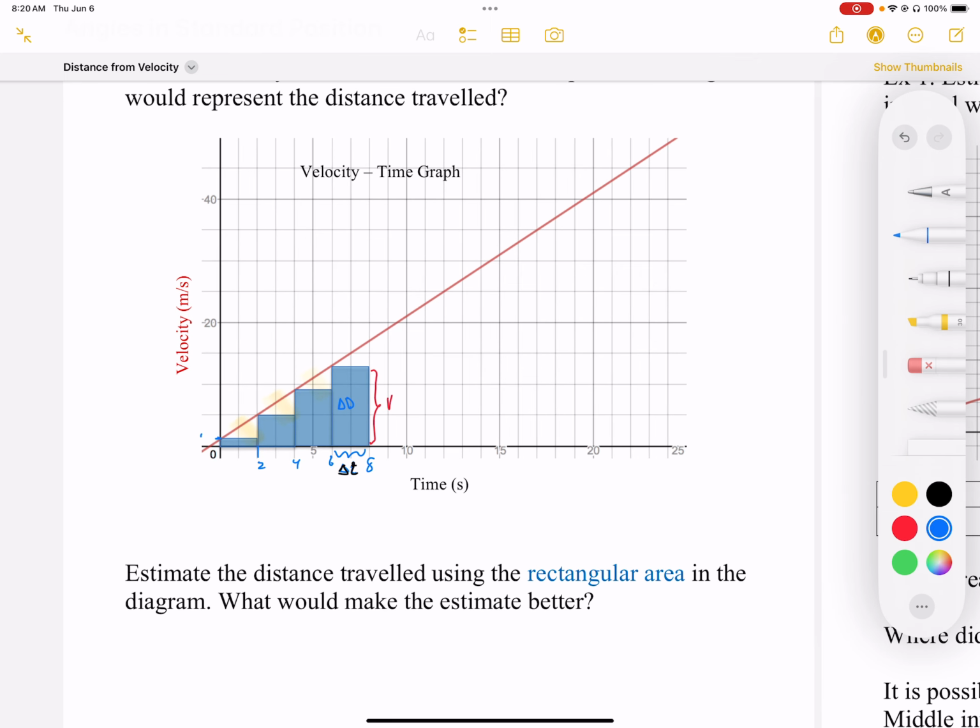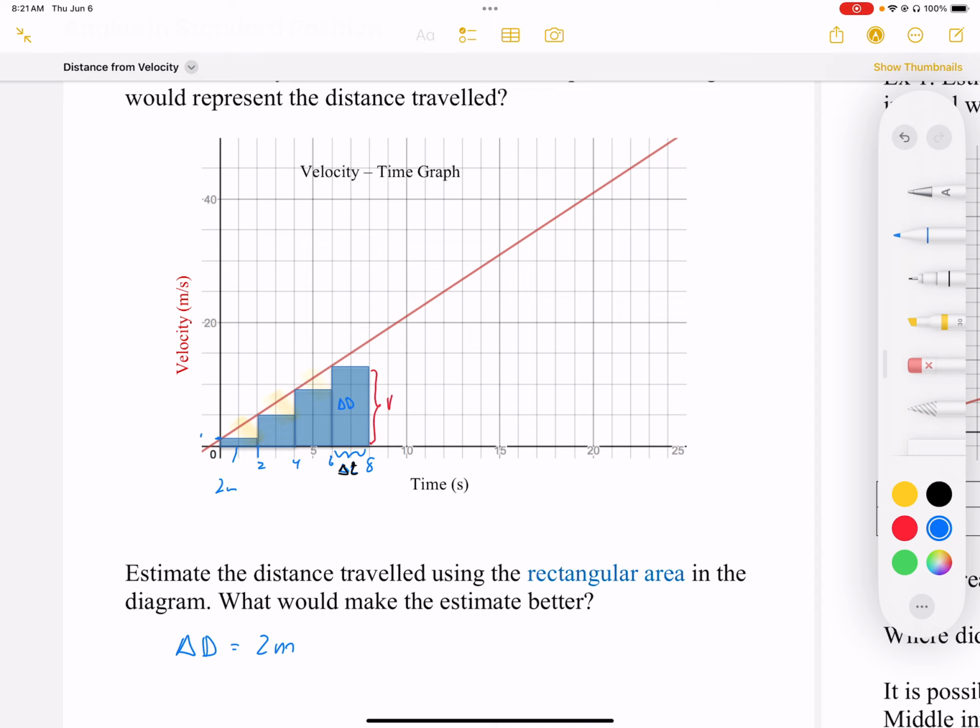So in the first 8 seconds, we can see that we have a displacement. That first rectangle: the displacement is going to be equal to 2 seconds times 1 meter per second. So that's going to be 2 meters.